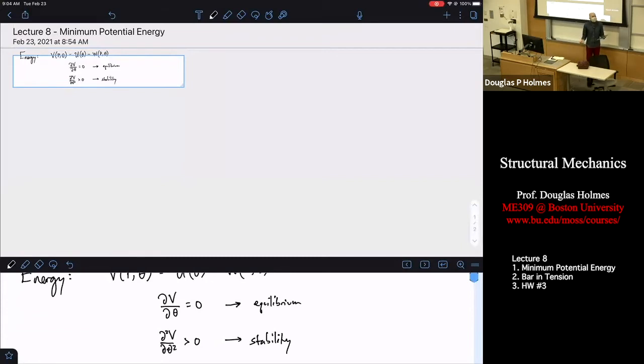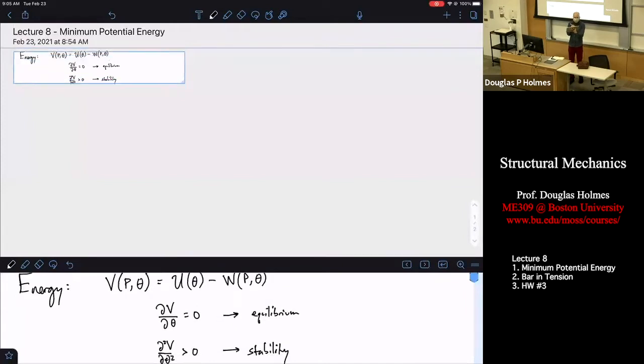And then last class, we introduced an entirely different branch of mathematics. And you might be wondering why. And the reason is, for a continuous structure, it's not quite this simple.